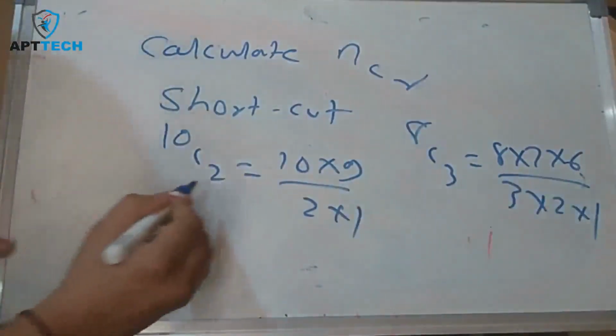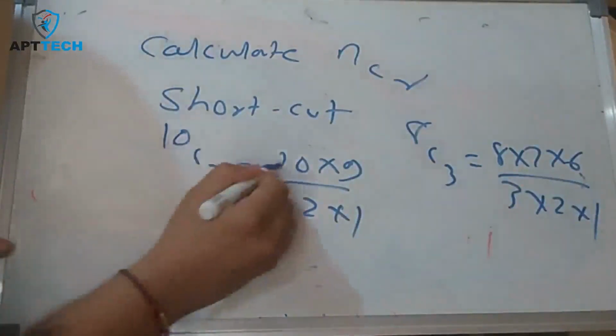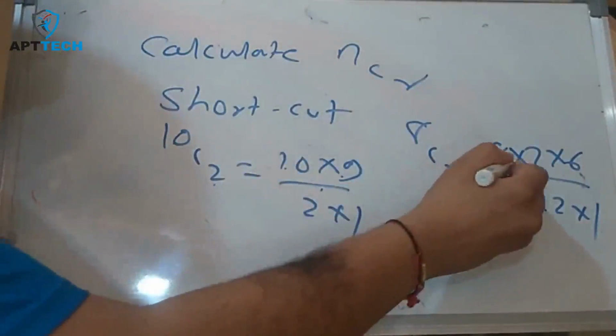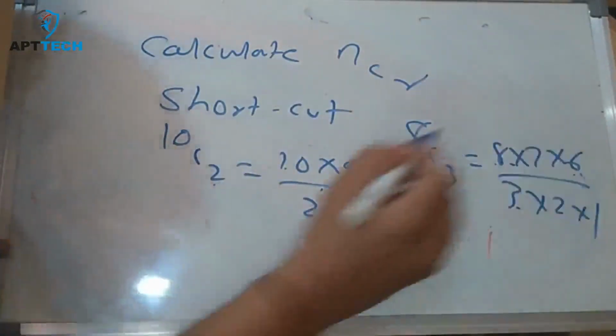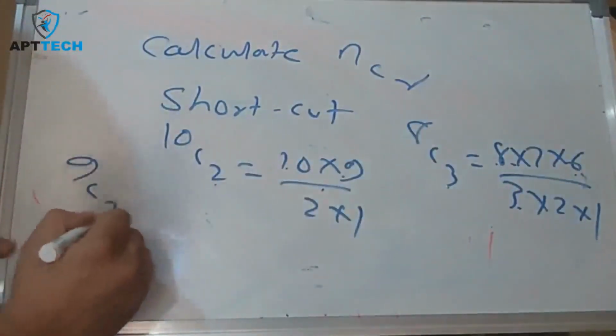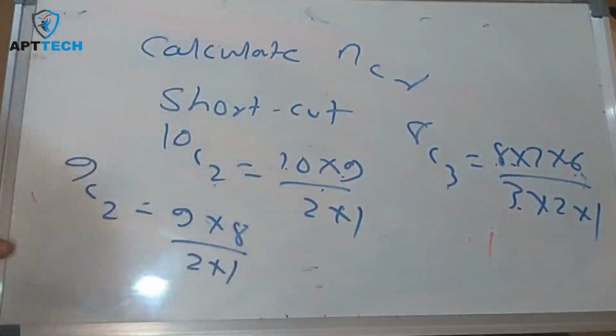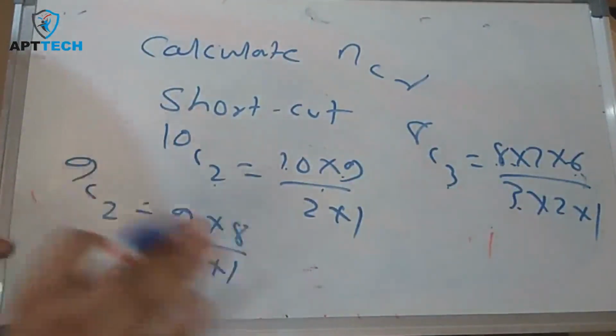So what we are doing, guys: if the base is 2, then take 10 and go 2 places back upon 2 into 1. If the base is 3, take 8 and go 3 places back upon 3 into 2 into 1. Imagine 9C2 comes into the picture: 9 into 8 upon 2 into 1. This is the basic fundamental calculation.